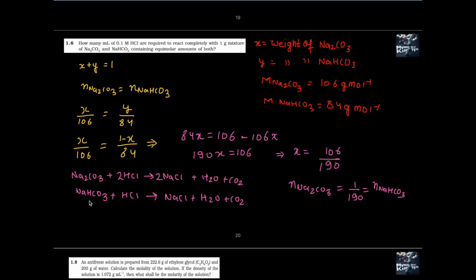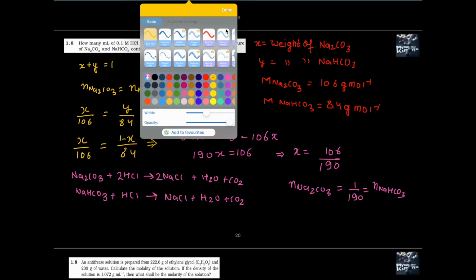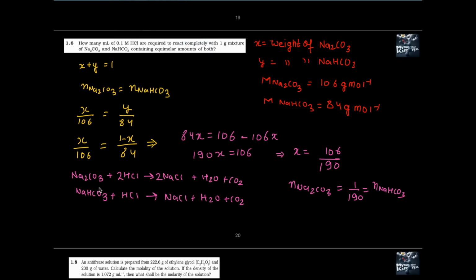So in total we need 3 moles of HCl, right? If we have this, we need 3 moles of HCl, but how many moles of Na2CO3 will we have? 1 upon 190. It means the HCl required to neutralize Na2CO3 would be 2 times the moles of Na2CO3.